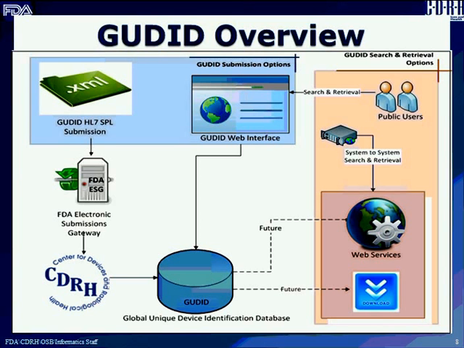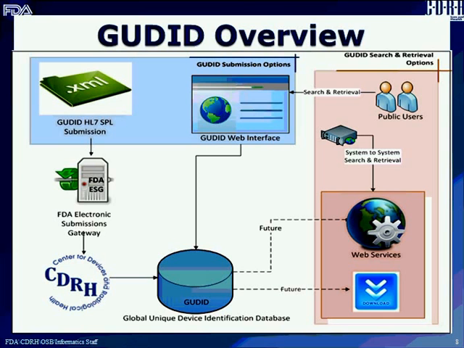One is the GUDID web interface, where labelers can get GUDID accounts, log in, and in a secure fashion enter device information. The other option is a file submission option, where XML files can be submitted containing device identification information, and we use the HL7 SPL submission format to receive those.